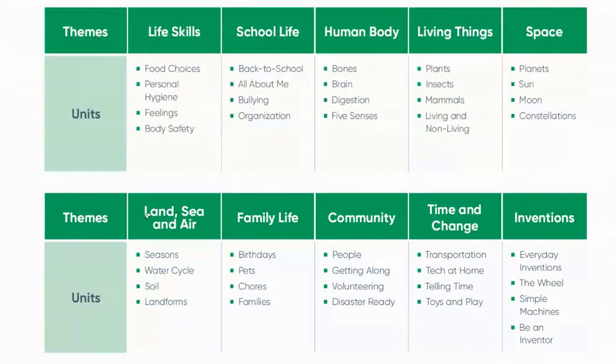So within the 10 weeks you can get now, you are going to get the top unit in all of these 10 themes. When we release Boardmaker7, you are going to get all 4 units for all 10 themes. And as you can see, these themes are really broad and look at expanding our learners' world knowledge and helping them make connections to the things that are going on around them.